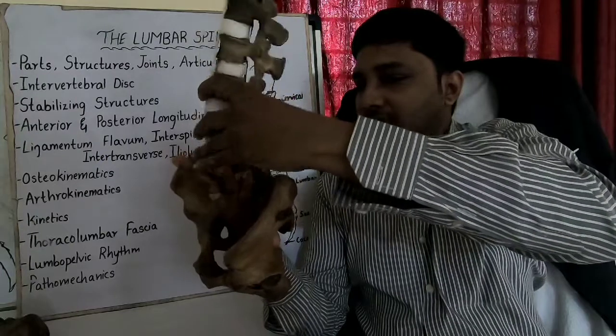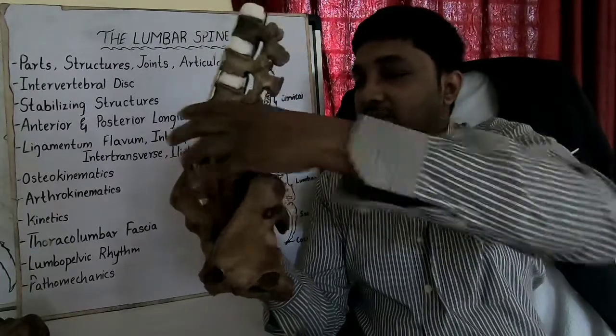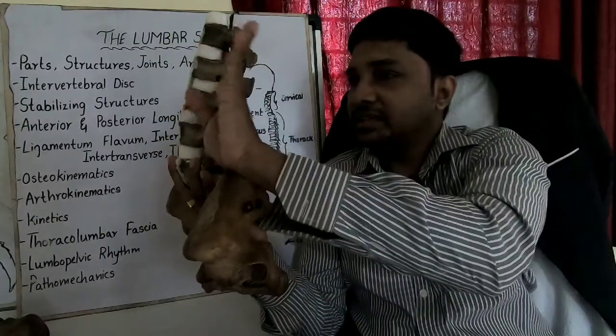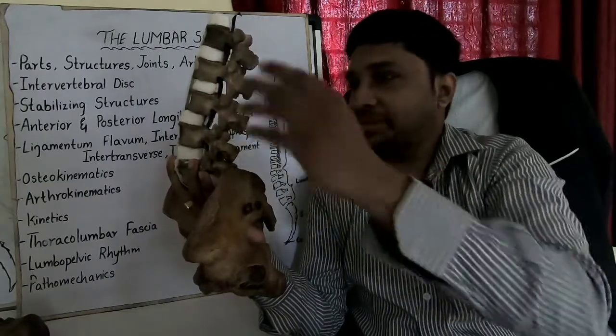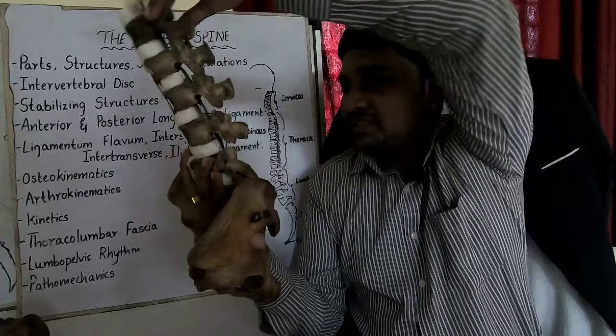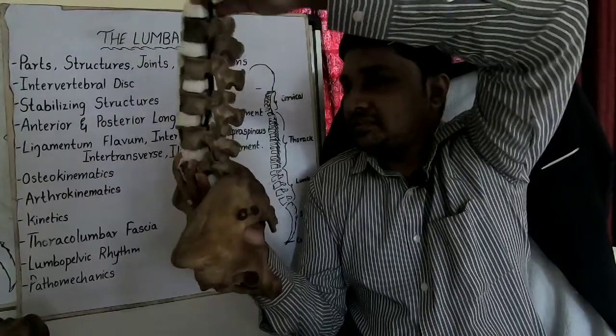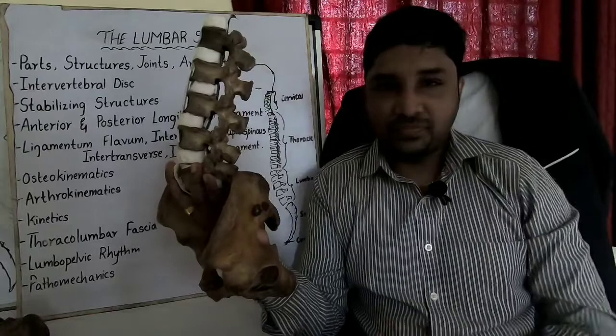Naturally the lumbar is not straight, it has a curve of about 45 degrees. That is the starting position. So the possible movements are flexion, extension, side flexion and rotation.